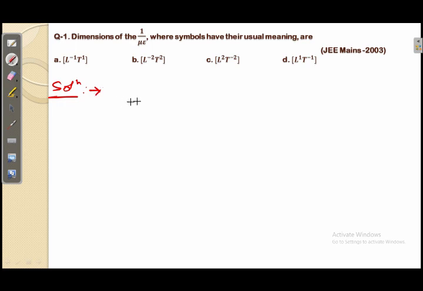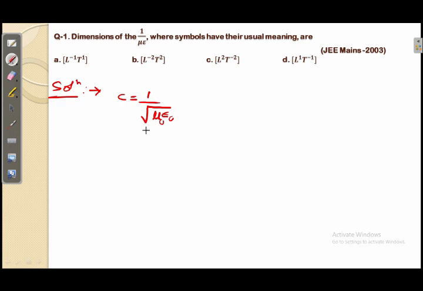So we know that c, that is velocity of light, is equal to 1 upon square root of mu into epsilon naught. Here mu naught and epsilon naught are there; due to some technical errors I have not mentioned it. So here we take mu naught and epsilon naught.